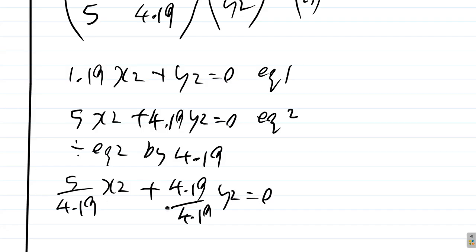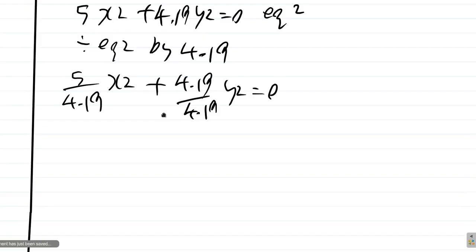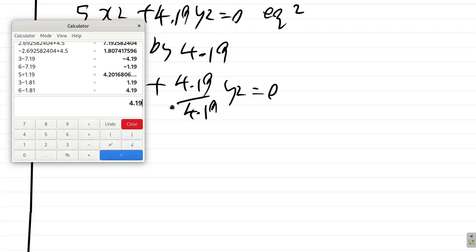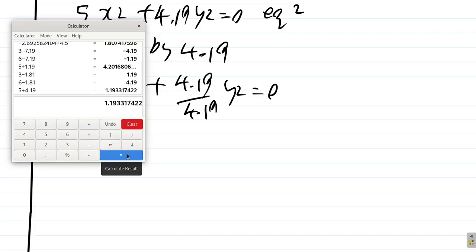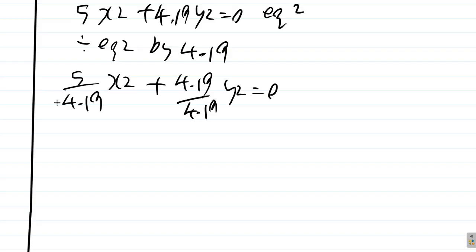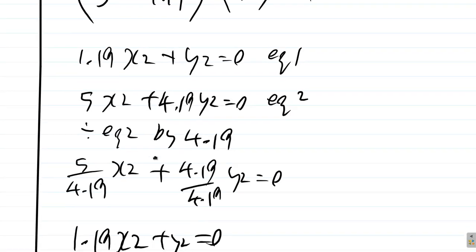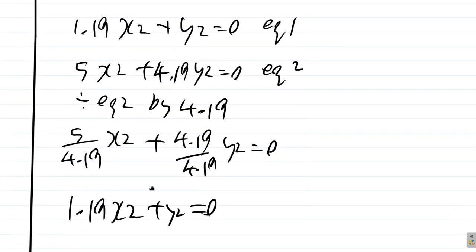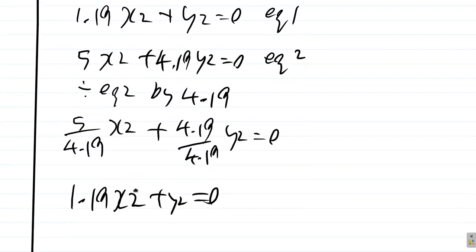And 5 over 4.19 gives us 1.19. So we have 1.19 x2 plus y2 equals 0. Same thing, so they are the same.